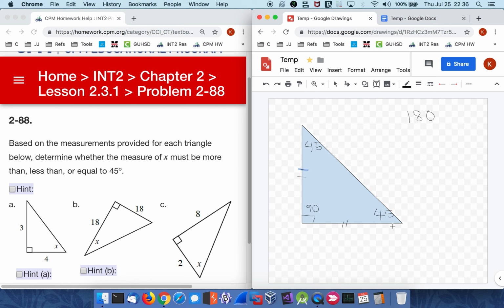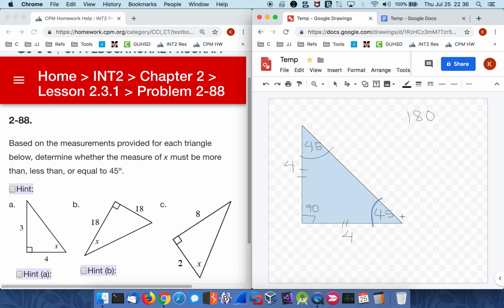If this side is equal to this side, then this angle is equal to this angle. Side, side, angle, angle. So let's say this side was 4 in length, and this one was 4 in length. That would make both of these 45 degrees.